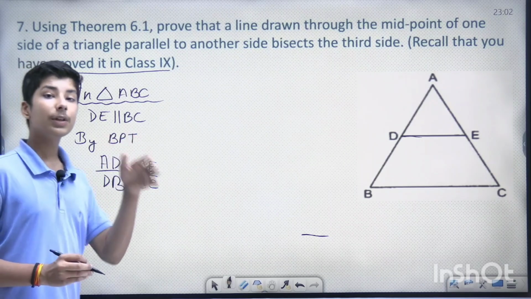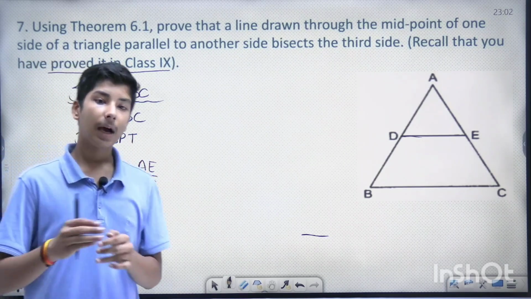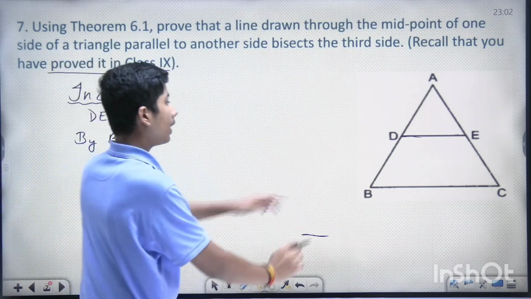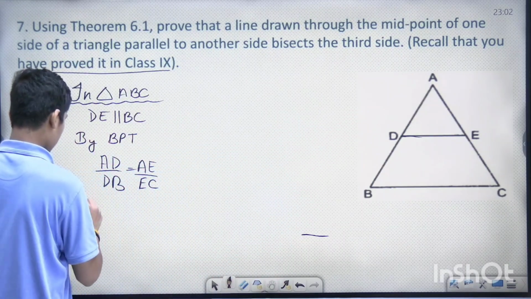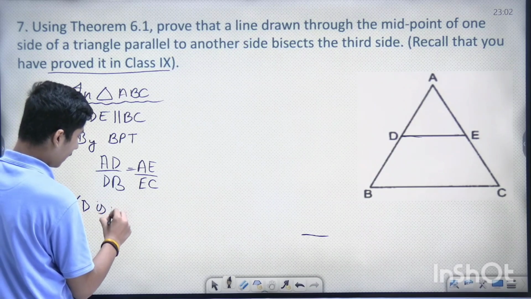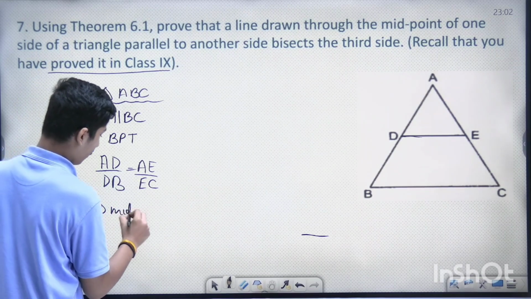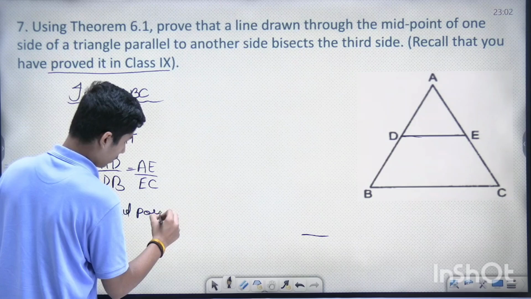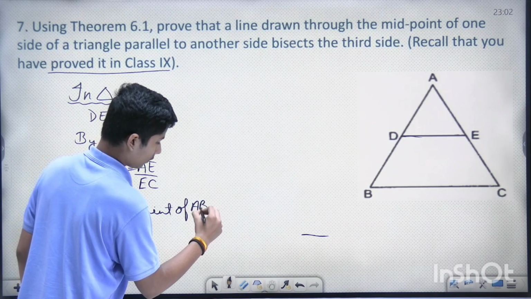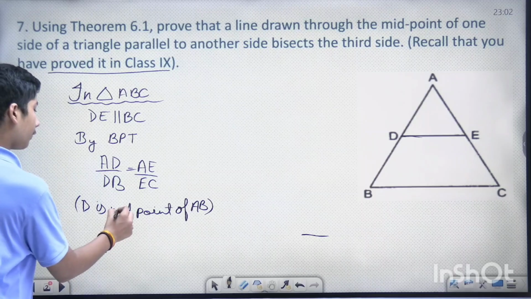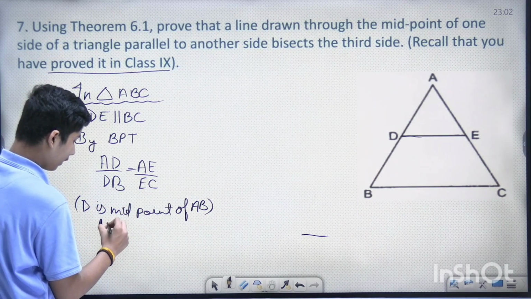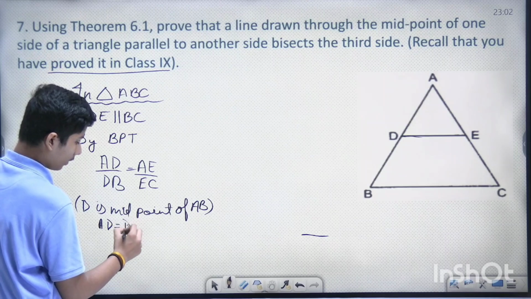Now we know that AD and DB are equal to each other. How equal? Because D is the midpoint of AB. So AD equal to DB.